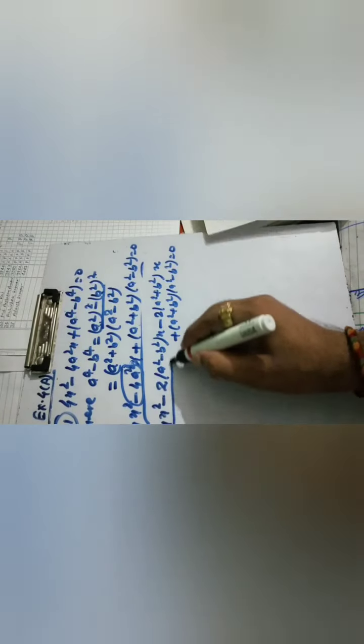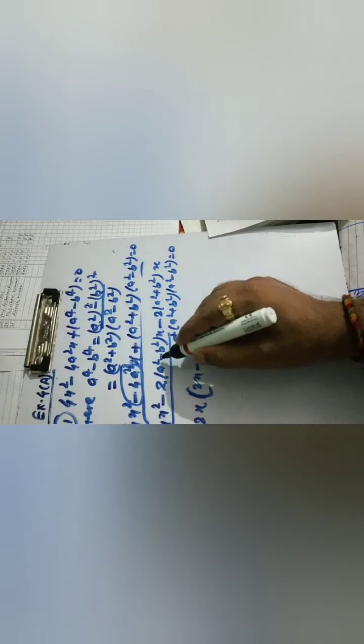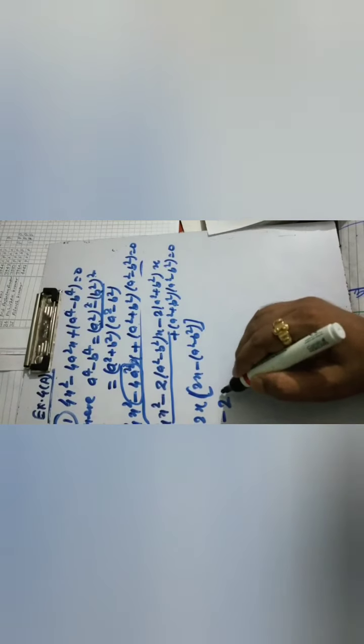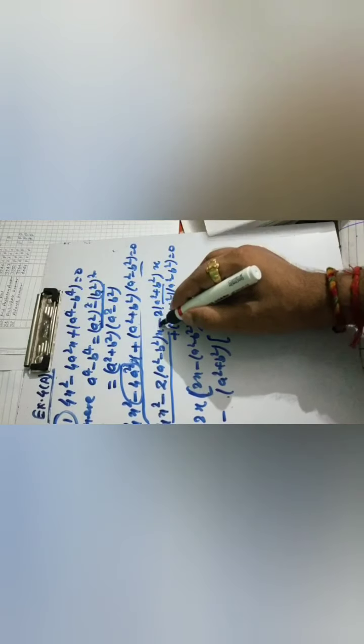Now in these two terms 2x is common, then 2x will be left here, minus a square minus b square will be left here. And in these two terms minus (a square plus b square) is common, then minus 2x will be left here, and minus into plus will be minus, a square minus b square will be left here, is equal to 0.